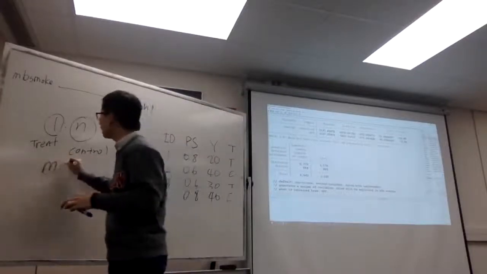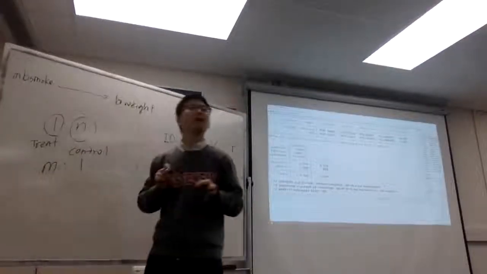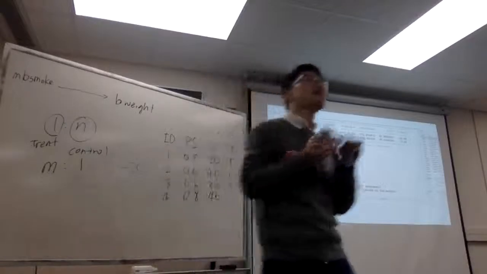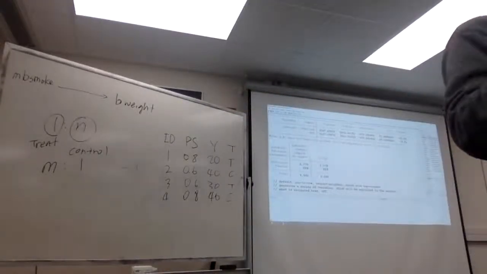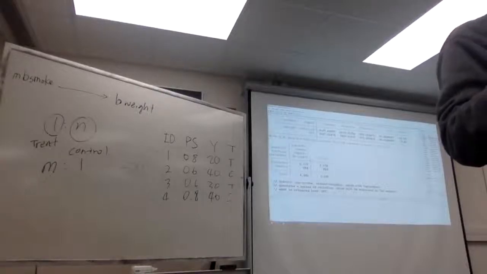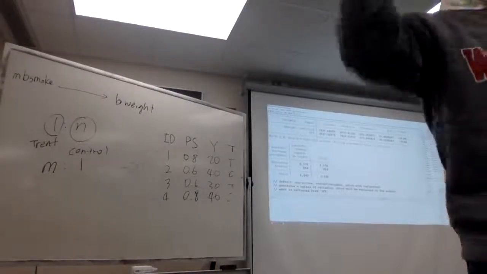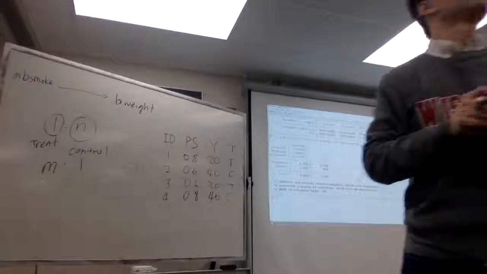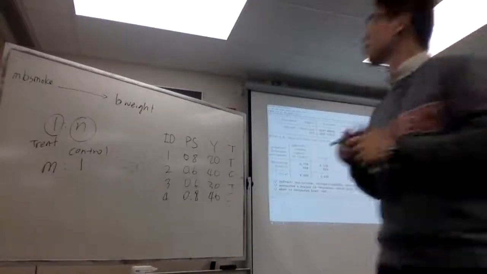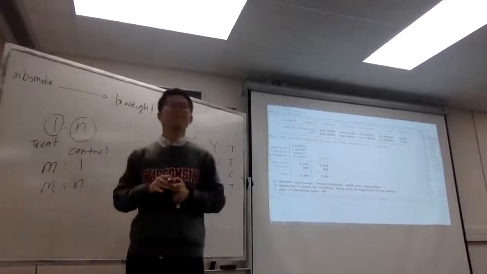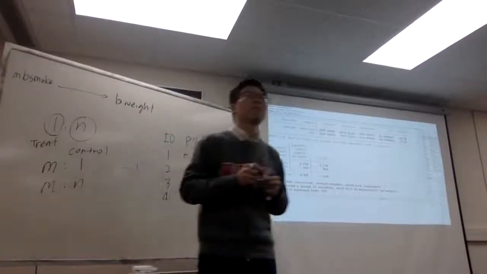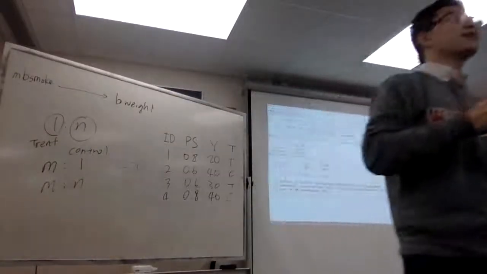And M to 1 is to calculate the average outcomes. You are averaging them out for the treatment cases and compare them with the control case. So M to N is a number of treatments averaged out to a number of M, and N can be whatever value.